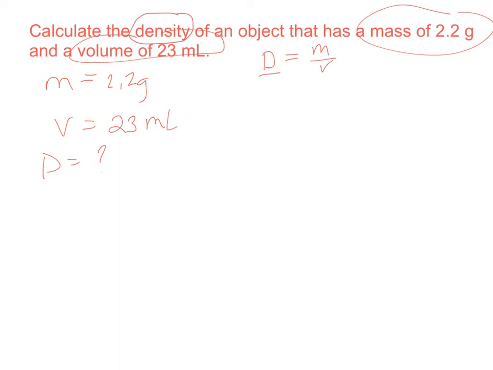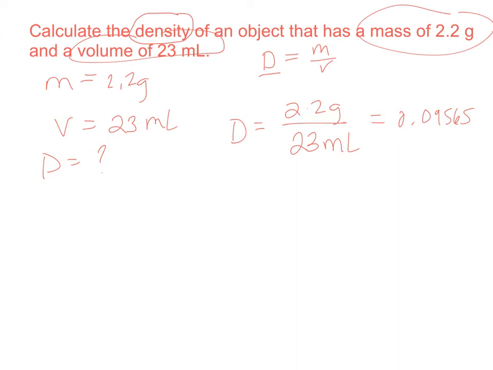So all we need to do is plug in our variables. Okay, so density is going to be equal to the mass, 2.2 grams, divided by 23 milliliters. Okay, if we plug that into our calculators, that is going to give us 0.09565 in terms of our numerical values.